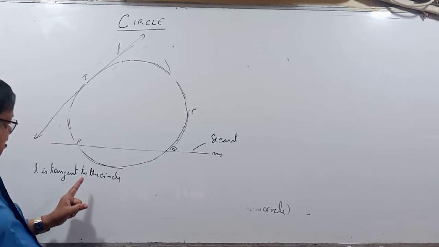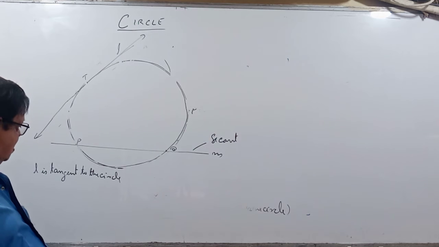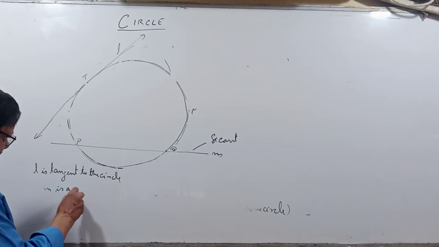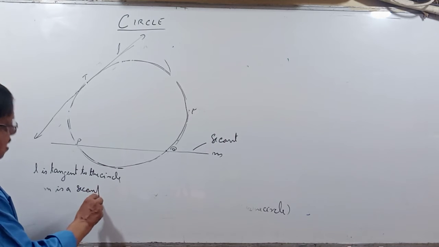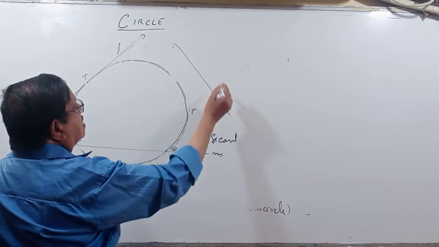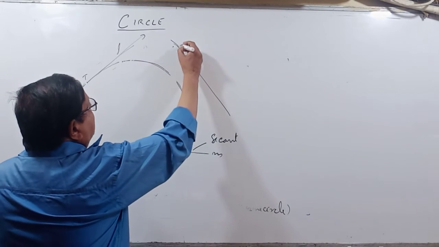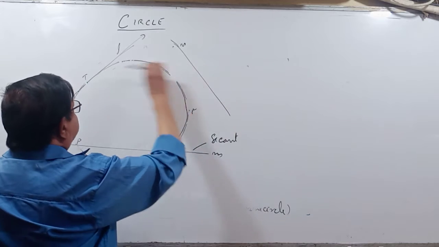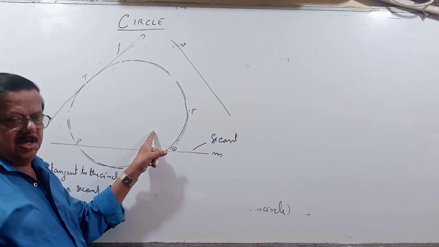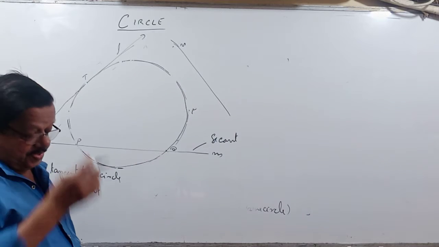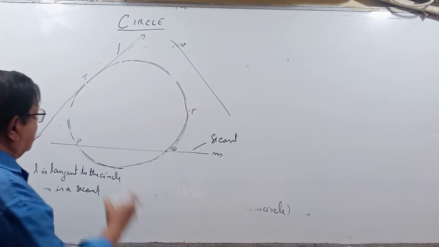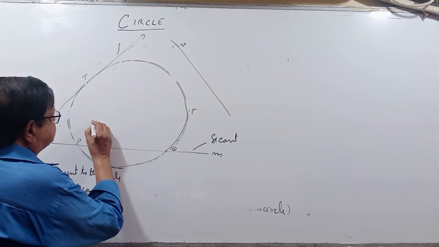But you know what is a tangent and what is a secant. L is a tangent, M is a secant. Suppose there is a line here, LMN. It is neither tangent nor secant. It does not touch at all. Suppose I draw a line from inside.